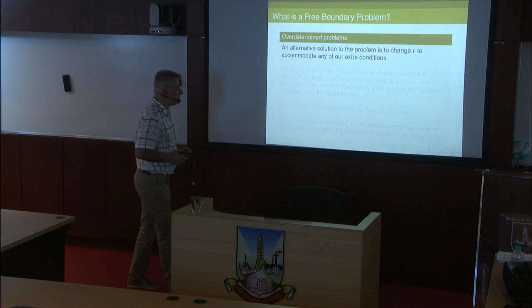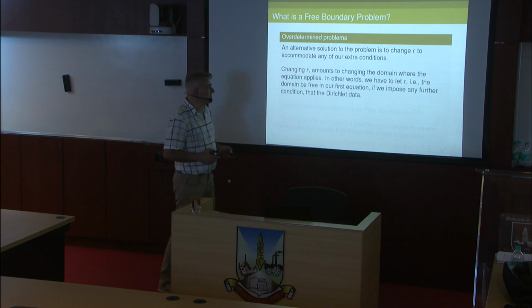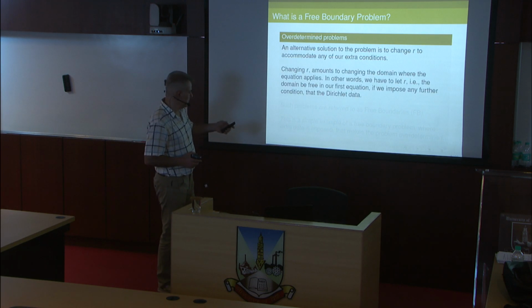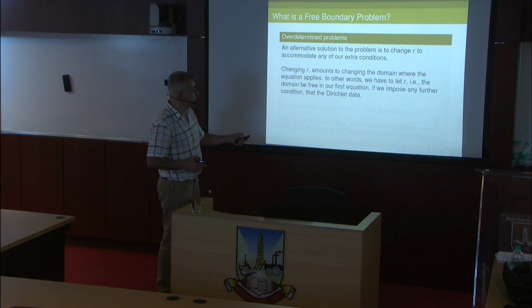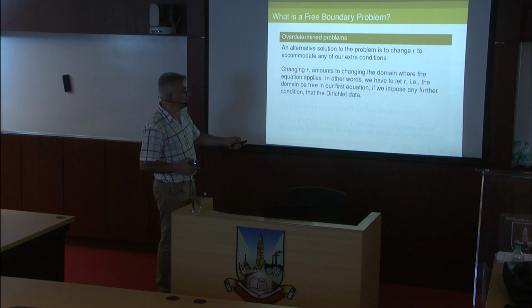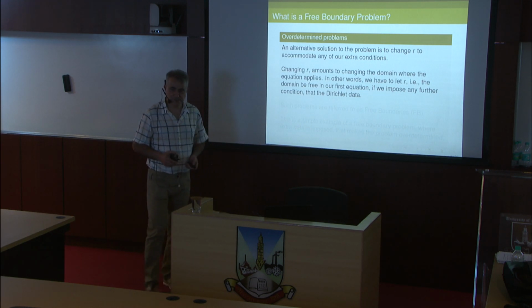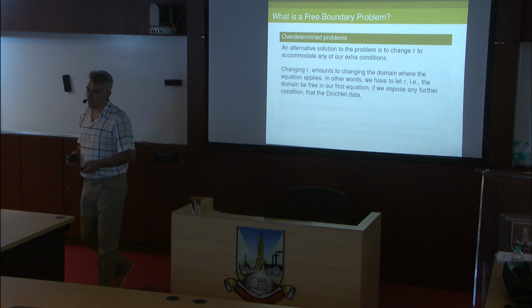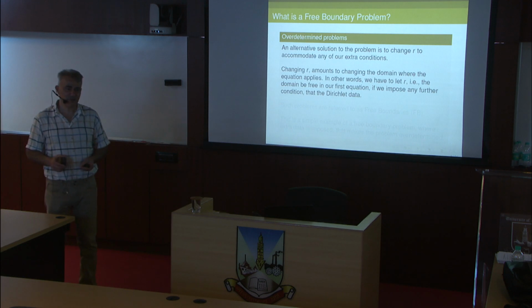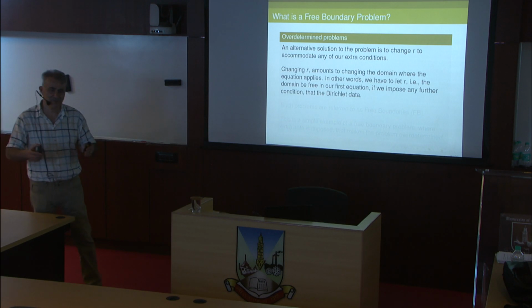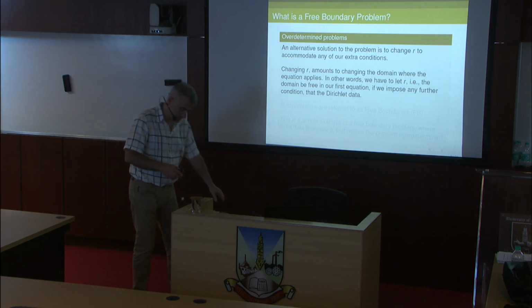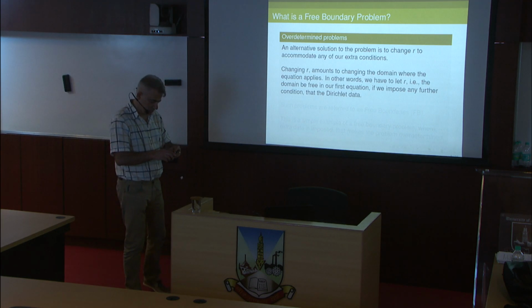So you let the domain be free. It means that you have to let R be free. If R is free, then it will give you a different gradient on the boundary, depending on what R is, and then you will eventually hit this lambda that you were looking for. And that gives you your solution.